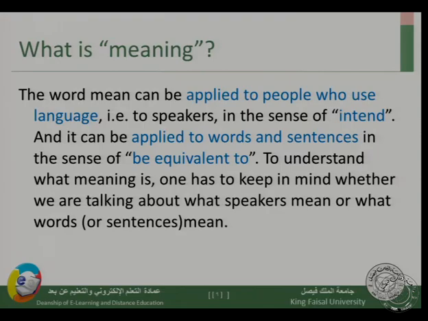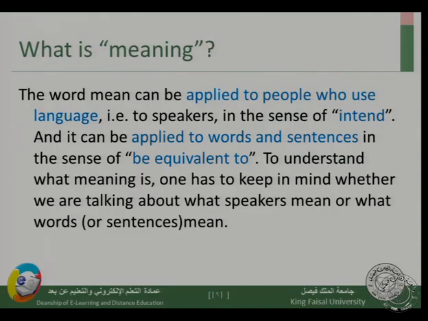There's also another use. It can be applied to words and sentences in the sense of be equivalent to. So if you say, what does this word mean? Okay, so the first way to look at meaning is by looking at speakers. What do speakers mean? And we said that means intent. The other way to look at it is by looking at words and sentences and phrases, and saying, what do these words mean?